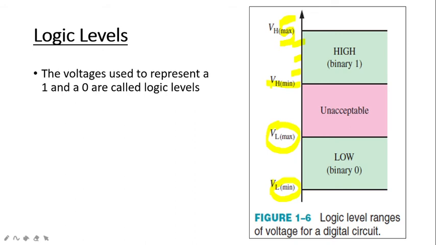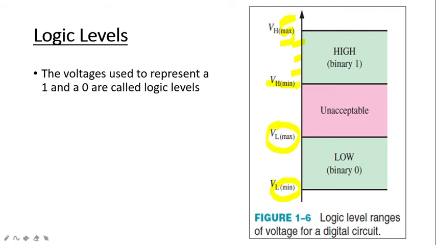Next, you can see that the maximum low voltage value is represented by VL max and the minimum low voltage is represented by VL minimum. So the voltage in between the VL max and the VH minimum, we call it unacceptable for proper operation.